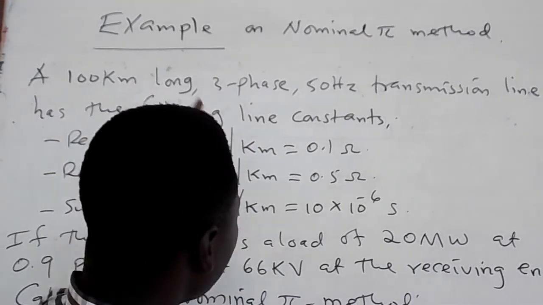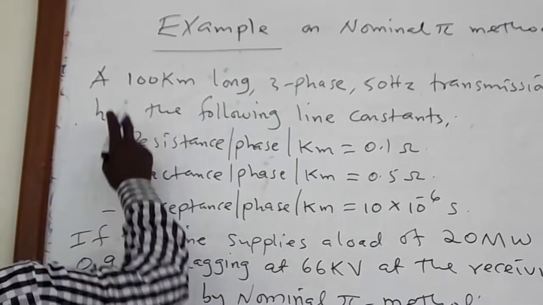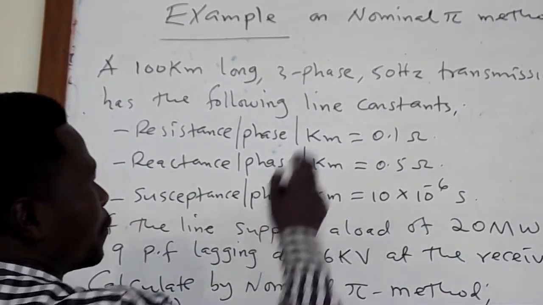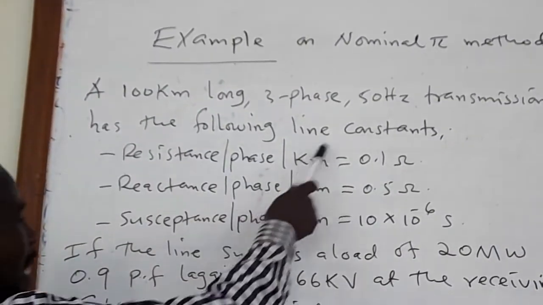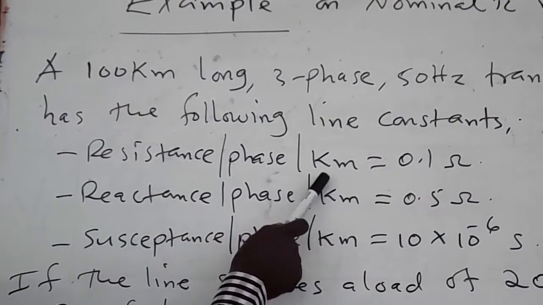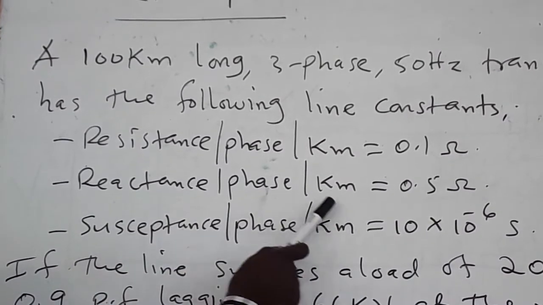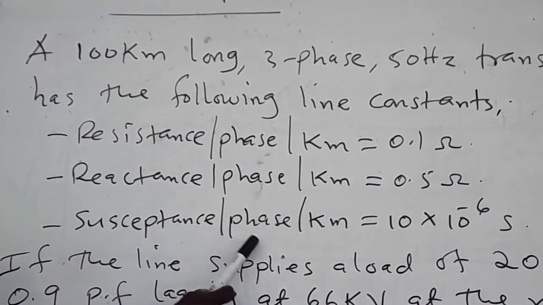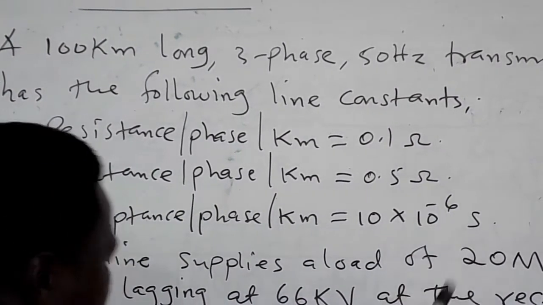Now, in the example, we have a 100 kilometers long, three-phase, 50 hertz transmission line with the following line constants. Resistance per phase per kilometer, 0.1 ohms. Reactance per phase per kilometer, 0.5 ohms. Susceptance per phase per kilometer, 10 times 10 power negative 6 Siemens.